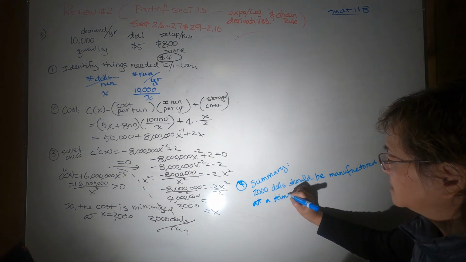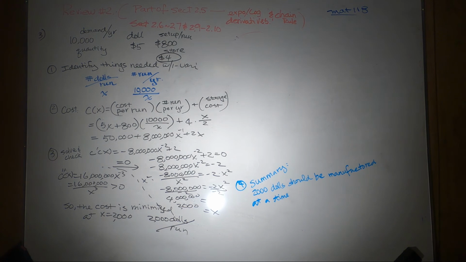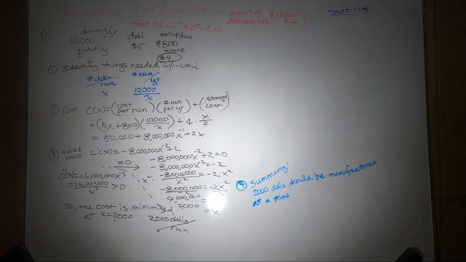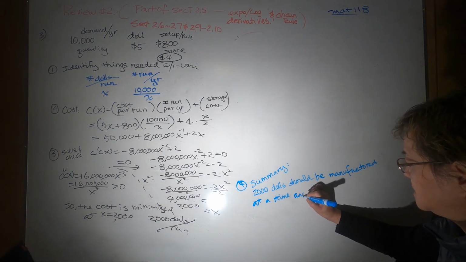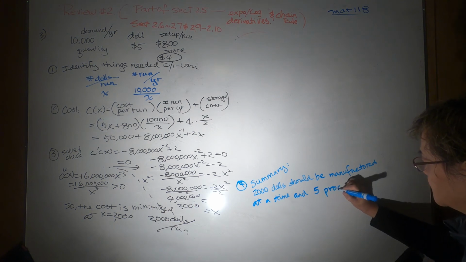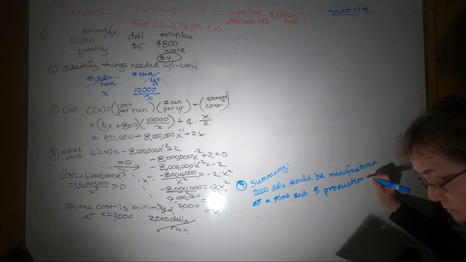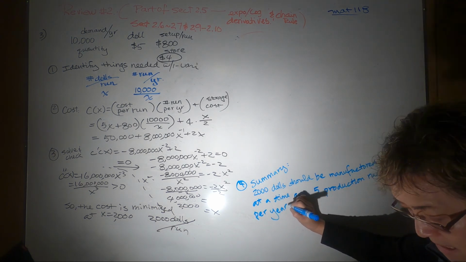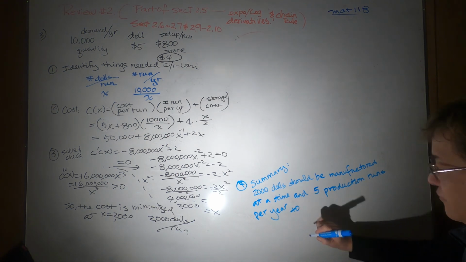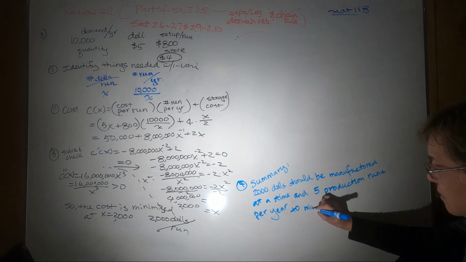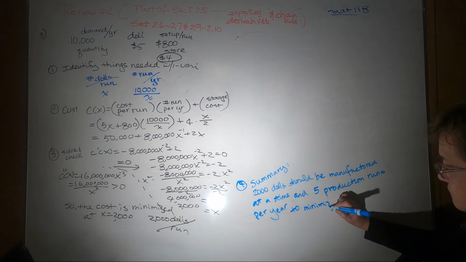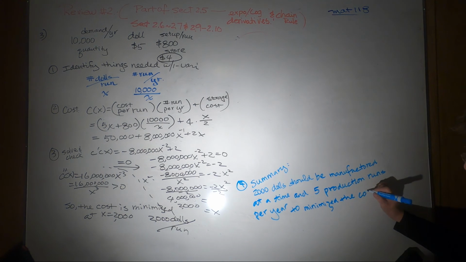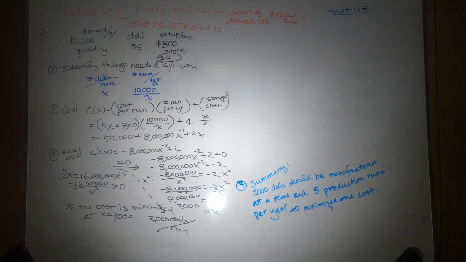Total how many? 4,000 a year. And then how many productions run per year? Oh, 10,000. Okay, and how many production runs will you make? 5 production runs per year, right? For the purpose of what? To minimize the cost. Is that right? That's what we have been doing, right?